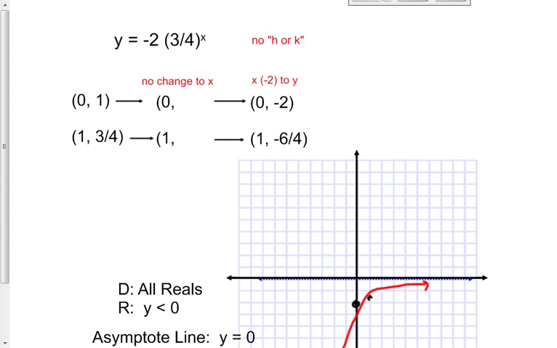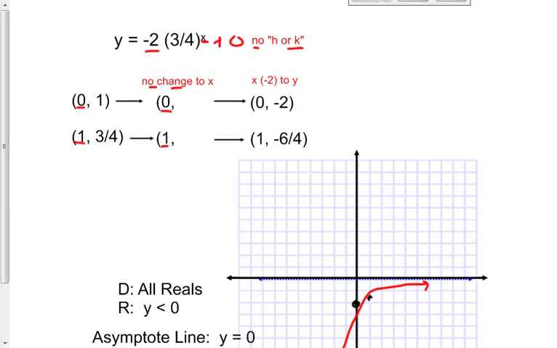Next one, y equals -2 times 3/4 raised to the x, plus nothing. No k value in the back, and I don't have an x value that I'm adding in either. I just have an a value, a multiplier. My go-to points are 0, 1 and 1, 3/4. Since I do not have anything next to the x, I will not change my x coordinate. 0 stays 0, 1 stays 1.